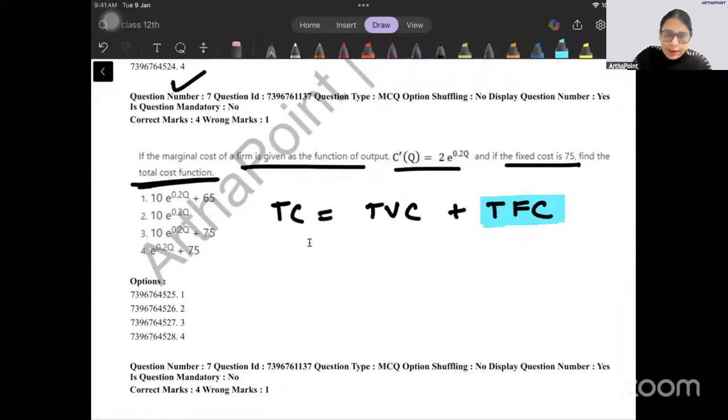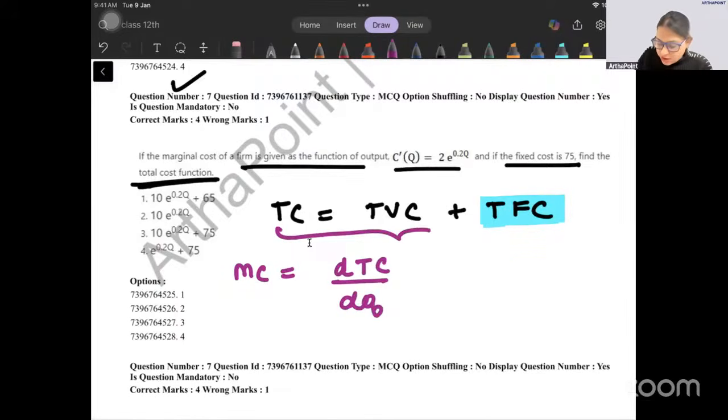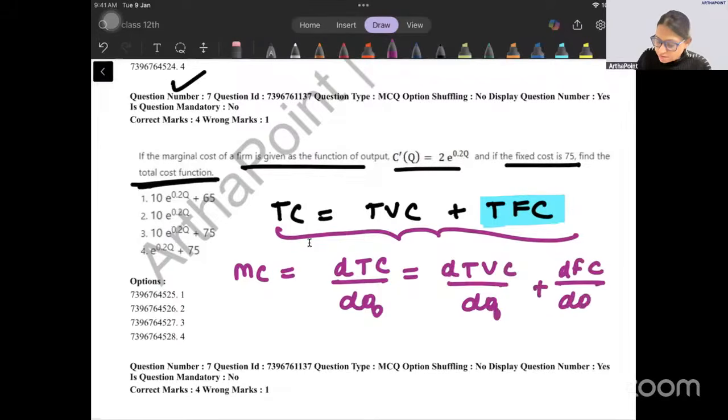This will definitely happen. Now, what is marginal cost? Marginal cost can be found by differentiating the total cost function as output changes, right? So if I differentiate, this will be differentiation of total variable cost plus differentiation of total fixed cost.